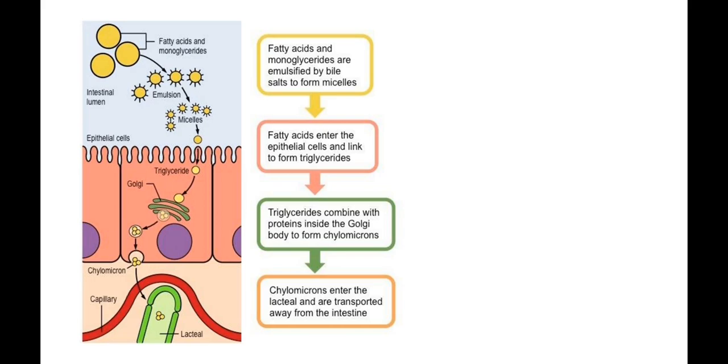I will not go into details, but fat first gets split into fatty acids and monoglycerides, and then inside the epithelium layer they again form molecules of fat, and this fat is transported by chylomicrons inside the lymphatic vessels, not in the blood.